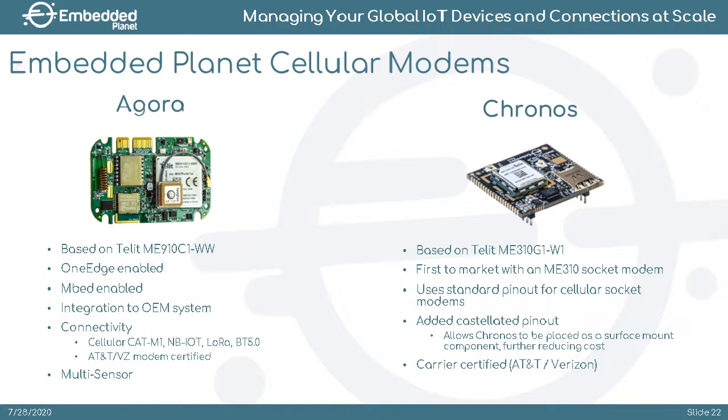So a number of different sensors to be able to leverage, and we can configure those in production so you get exactly the configuration that you want. And both products come OneEdge capable. So once again, as I said, you can turn it on and you're ready to go out of the box. So there's zero touch, no onboarding for getting it configured to be able to have OneEdge access.